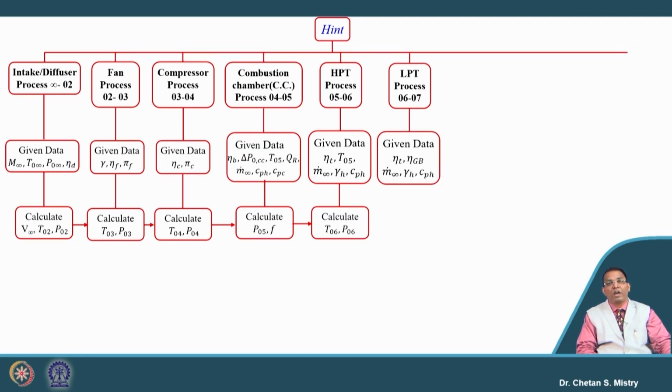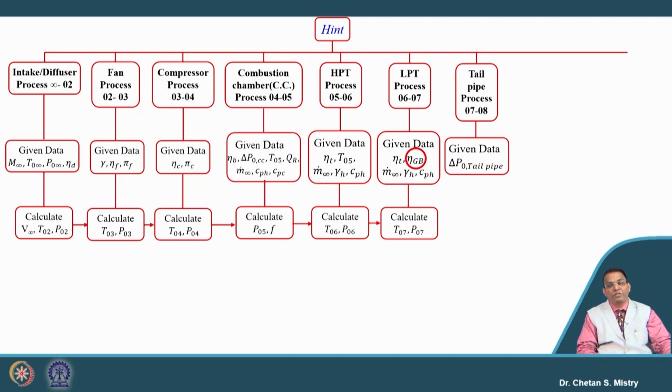For that we have information on our turbine efficiency, and we are also given the gearbox efficiency, and from that we can calculate our exit pressure and temperature from the LP turbine. We have the tailpipe, connecting our LP turbine and the turbine nozzle, in which the pressure loss is given. So, we can calculate the exit temperature and exit pressure from the tailpipe.